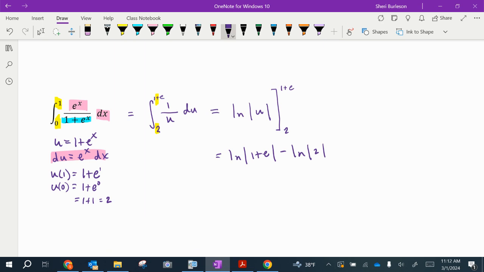So this definitely does not need parenthesis, or does not need absolute value. And natural log of 2 is a number, it's always positive. So I can use properties of logs to write the integral as the natural log of 1 plus e over 2.